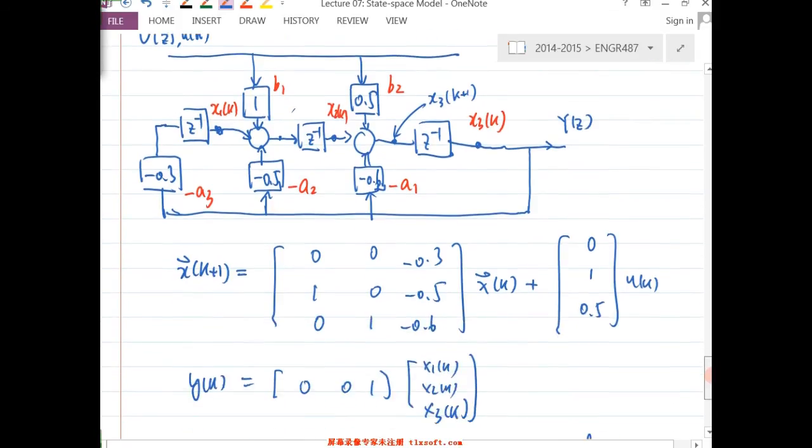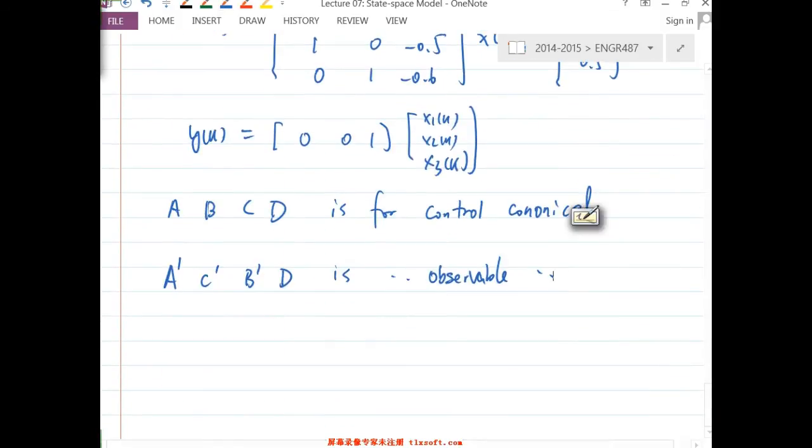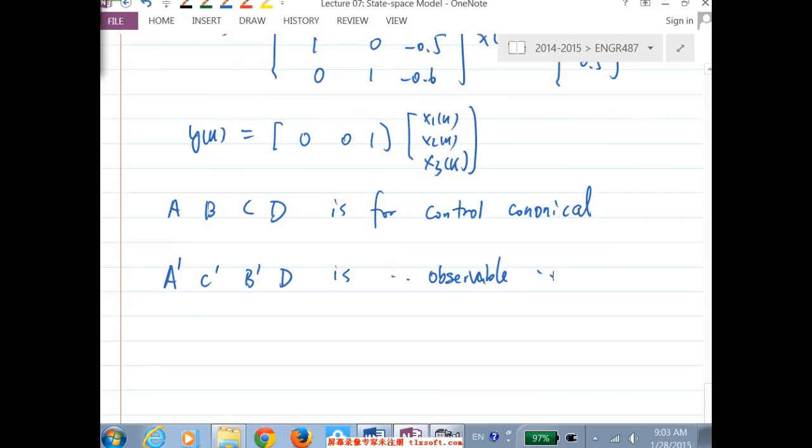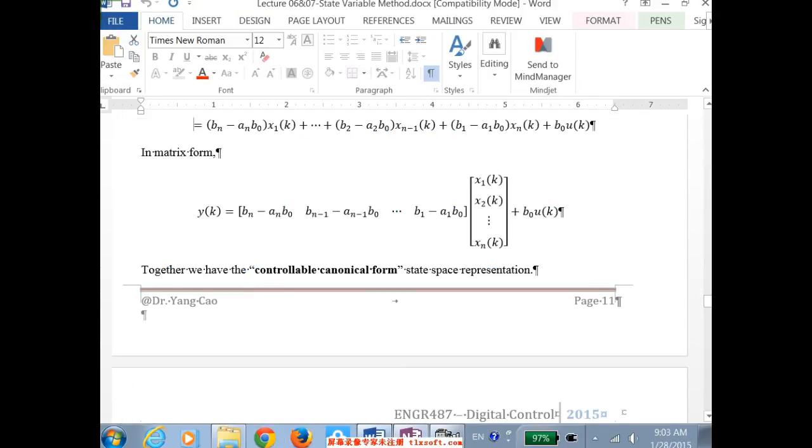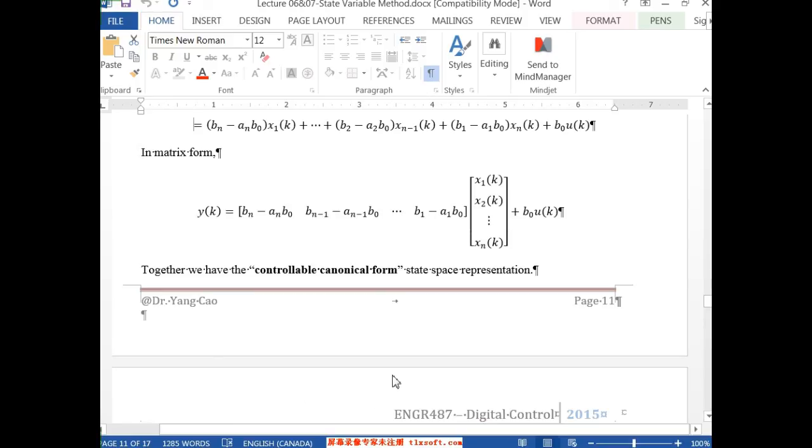Bottom line, my purpose is for you to understand how you get the observable or control canonical form, given a pulse transfer function. But in the future, when you're trying to obtain a state space model, you don't need to go through the steps of building the simulation diagram every time.